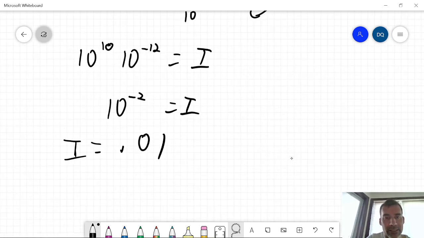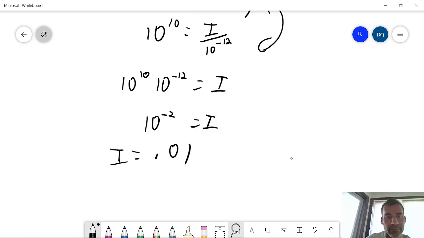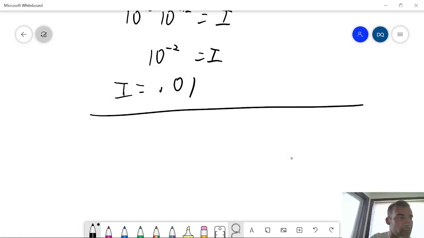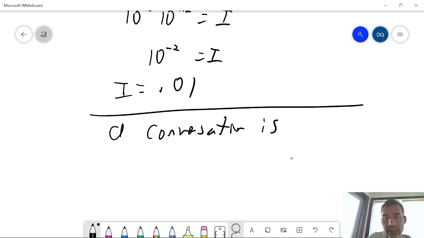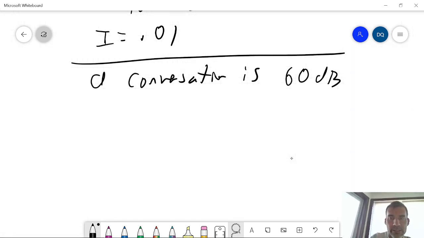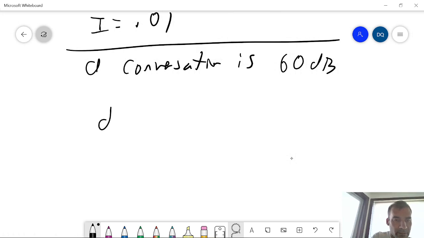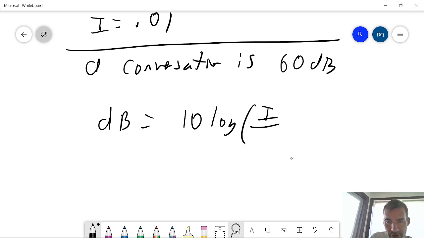Okay, what's the intensity of sound of a conversation? So remember, a conversation is 60 decibels. So the sound level of a conversation is 60 decibels, and I want its intensity. My decibel value is 10 times the log of the intensity under consideration over the reference intensity.